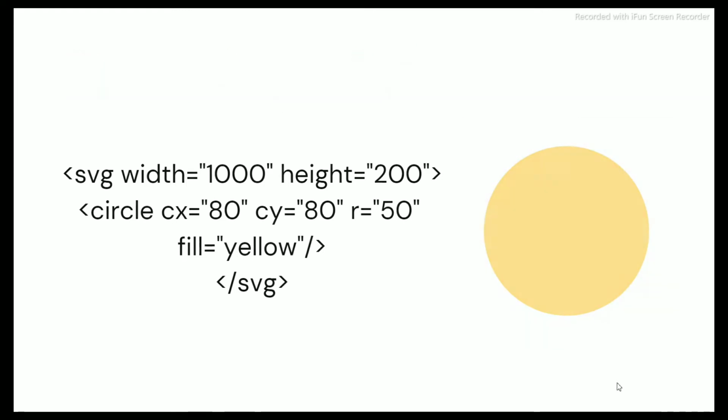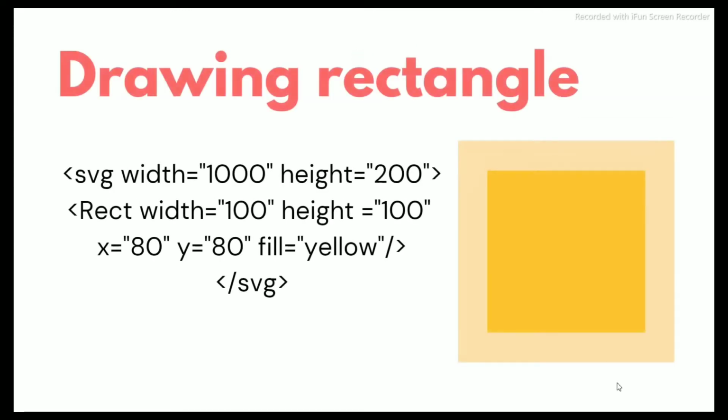And next, coming to the rectangle. To draw a rectangle, everything is the same, but in place of circle, we have to use the rect tag. And the rect tag comes along with its width, because the rectangle has its width, and its height, as well as the fill.